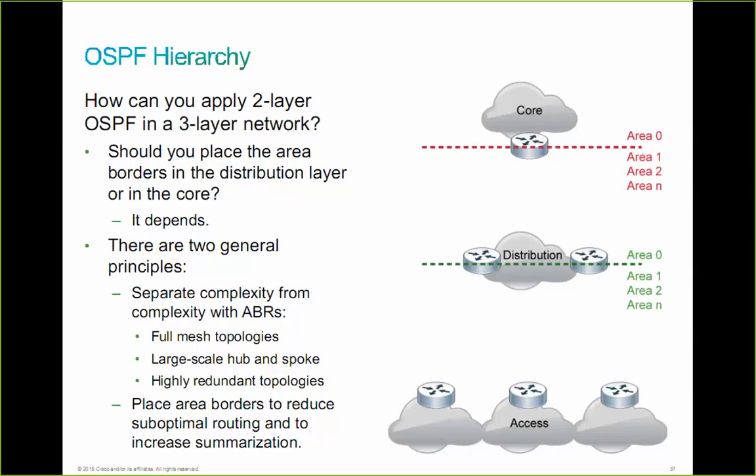ABRs, we know, provide opportunities to support route summarization or to create these special area types like stub areas or totally stubby areas. But in order to be able to facilitate that design, you have to have a structured IP addressing scheme to align those IP addresses with the areas so that you can have very efficient and effective route summarization.